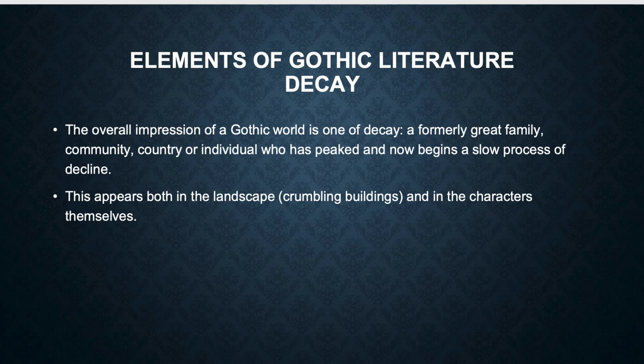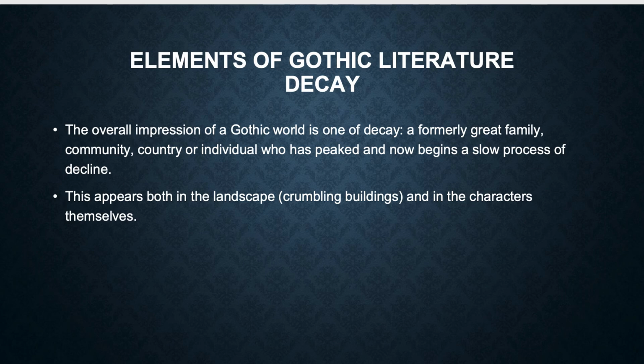Decay is a big deal in Gothic literature, especially in Poe. So our notes say the overall impression of a Gothic world is one of decay, a formerly great family, like a family that used to be really wealthy and prominent and powerful, with a really great reputation, that has somehow declined away from that, maybe through illness, or they've lost all their money, maybe a decayed community, even a country or individual who peaked sometime in the past, and they've begun to decline.